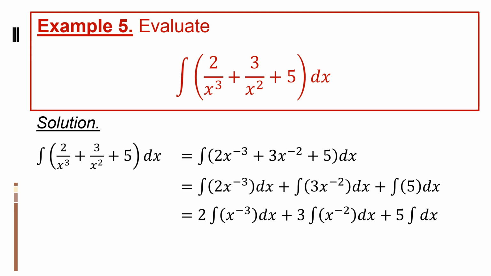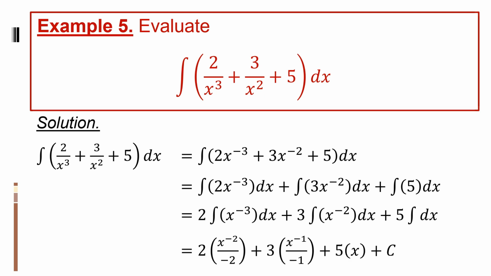Or, pag nilabas natin yung constant, we have 2 times the integral of x raised to negative 3 dx plus 3 times the integral of x raised to negative 2 dx plus 5 times the integral of dx. So, we now have 2 times x raised to negative 2 over negative 2 plus 3 times x raised to negative 1 over negative 1 plus 5 times x plus c.